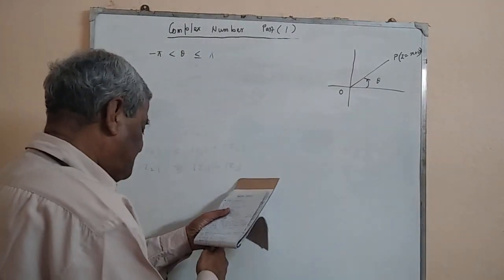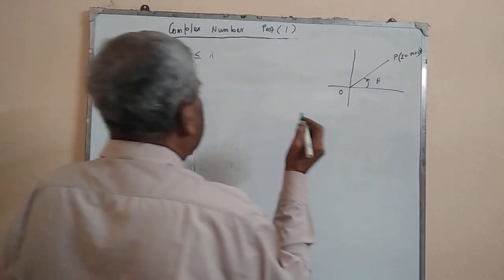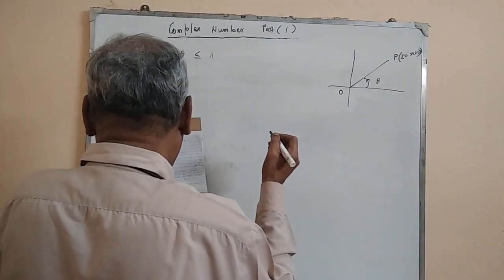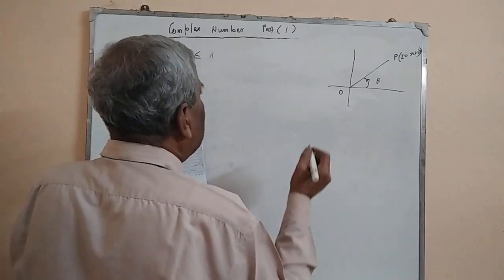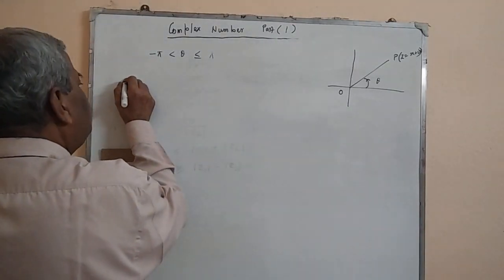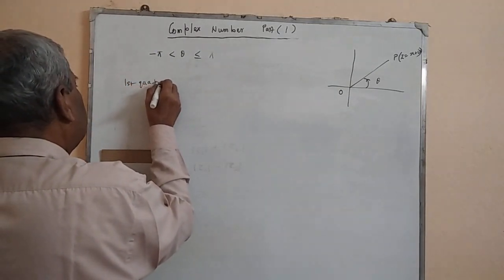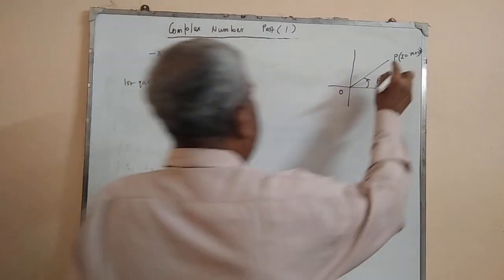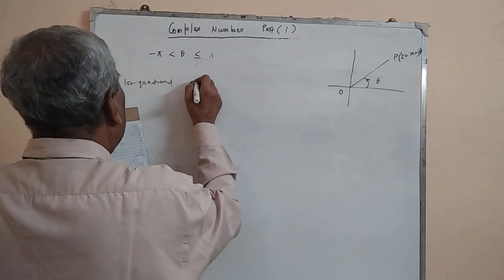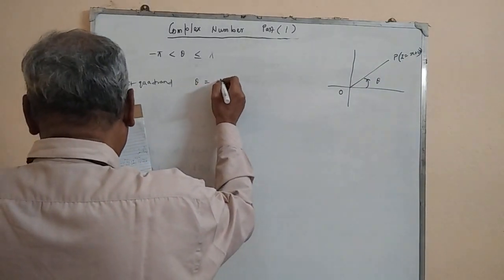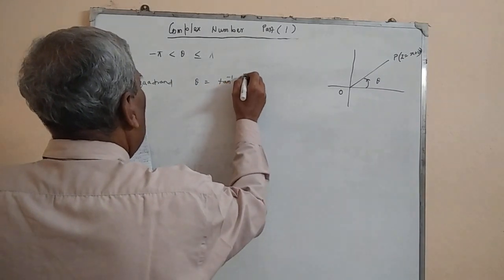Number 1, if Z lies in the first quadrant, that is x positive, y positive, then its argument theta is simply tan inverse y by x.